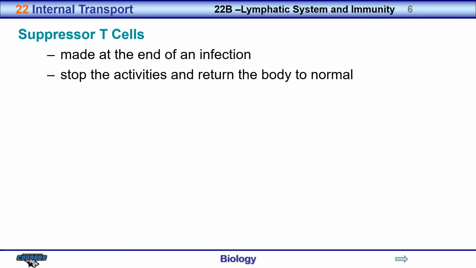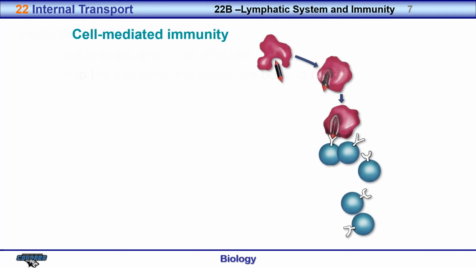In other words, this body is now in a heightened state of attack on its enemy, and then when the enemy has been defeated, we need something to get the body to go back to normal. So these cells stop the activity of the killer T cells, the helper cells and the plasma cells, and they return the body back to normal, like when you're starting to feel well.